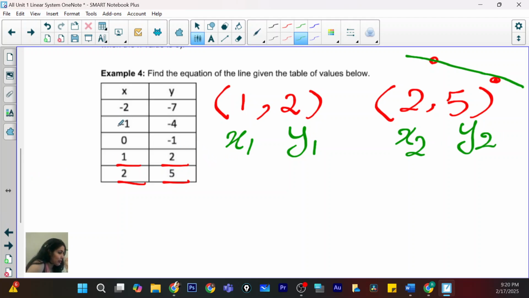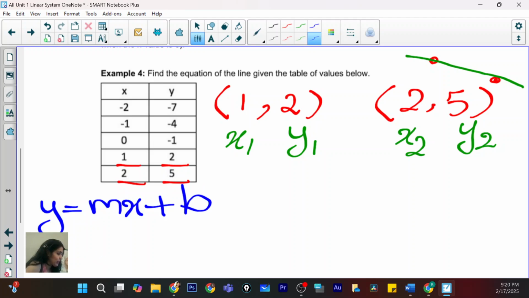And then we know that the equation of the line is y equal to mx plus b, and we know that m is y2 minus y1 divided by x2 minus x1.